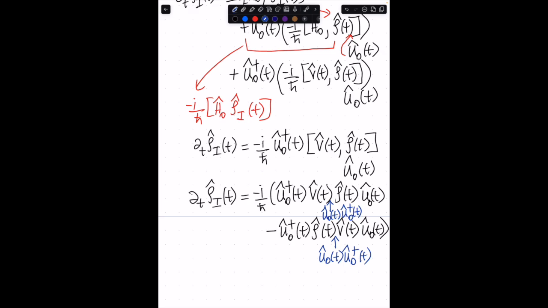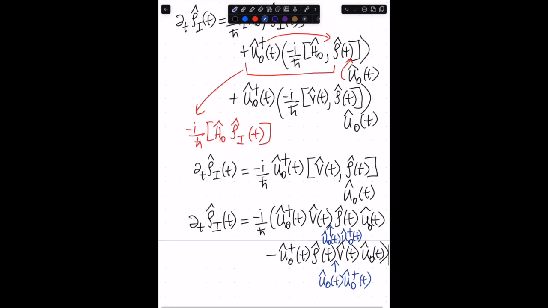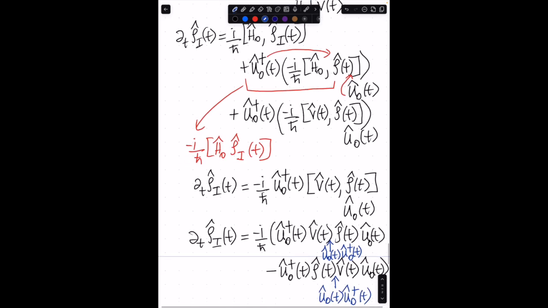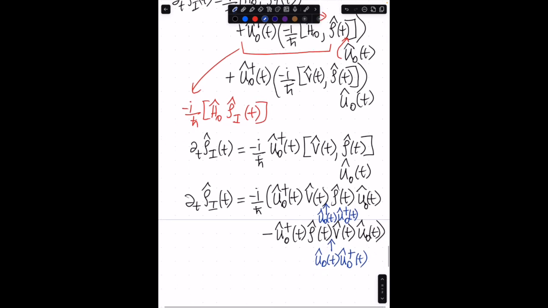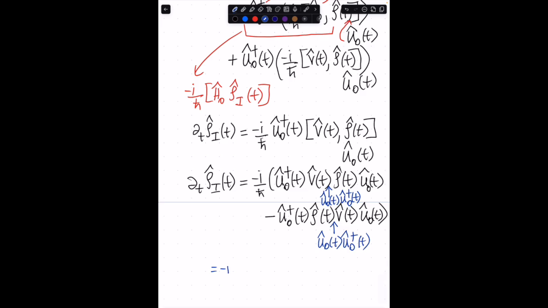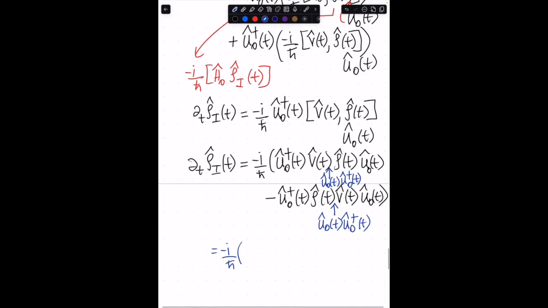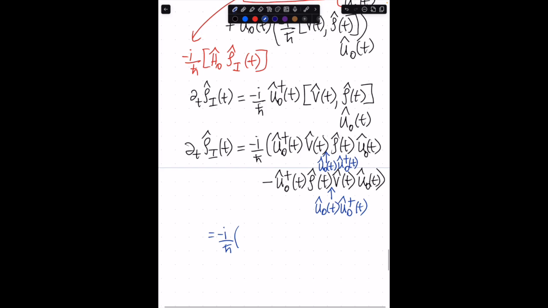So what you end up getting here is something quite interesting. You get minus i upon h bar times U hat 0 dagger(t) v(t) U hat 0(t), which I shall call the perturbation in the interaction picture, and if you notice, I put the I at the bottom now.